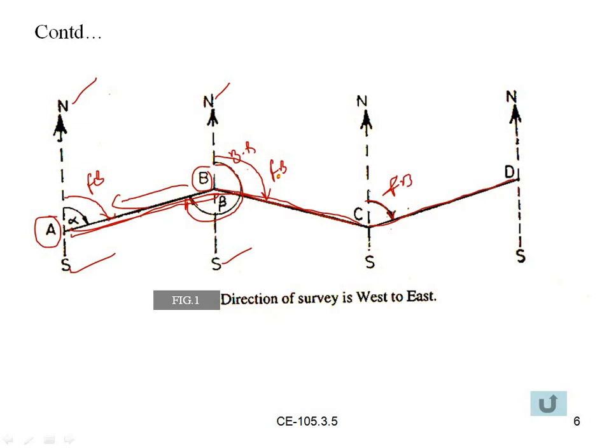And if you sight from C to B, this is called back bearing. And if you sight from D to C, it is called back bearing. So this is the process of sighting the directions, forward bearing and back bearing.